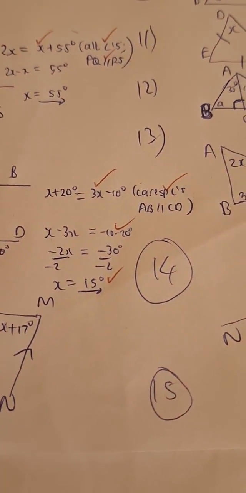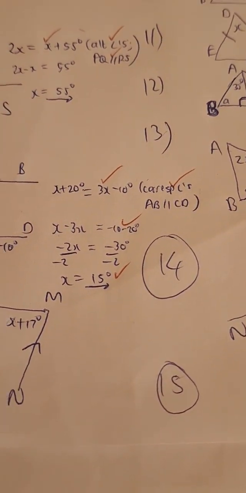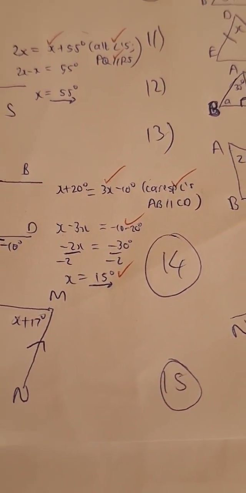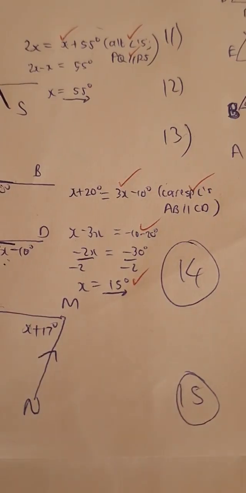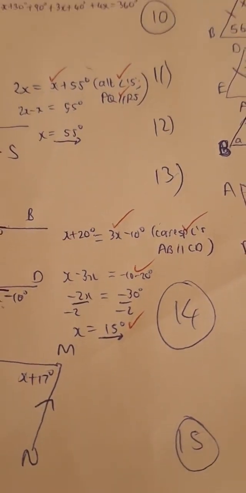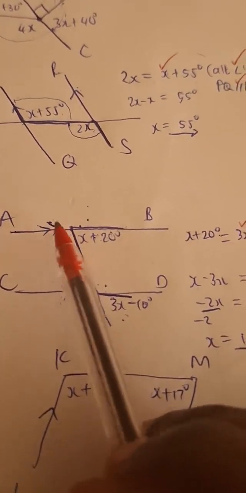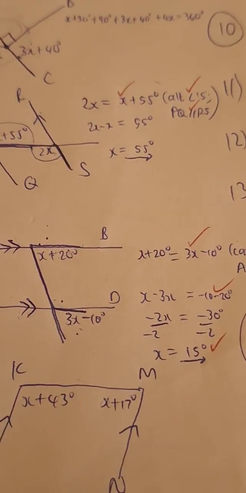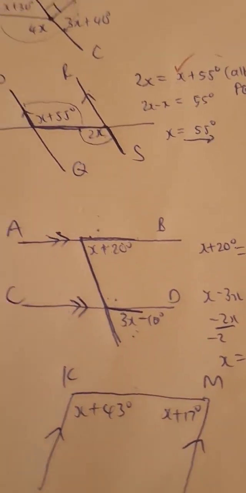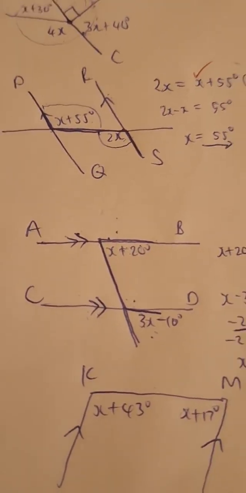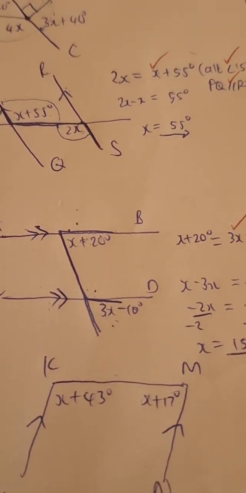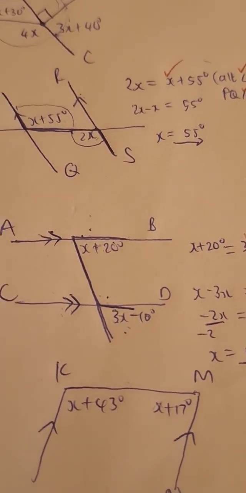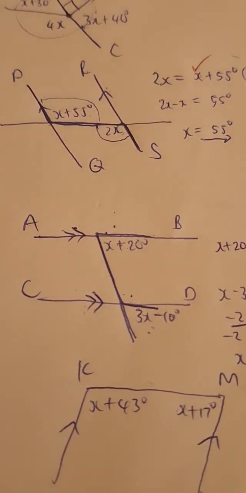Is it possible if maybe they ask why are they parallel? If ever they ask you, why are these lines parallel? Remember, sometimes you are asked in a question to prove that the lines are parallel. And in actual fact, maybe in that particular diagram, it's not given that the lines are parallel.